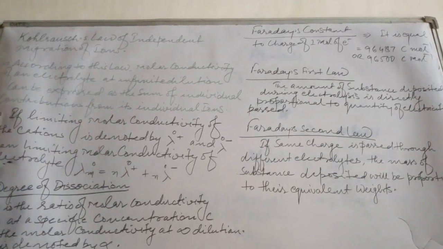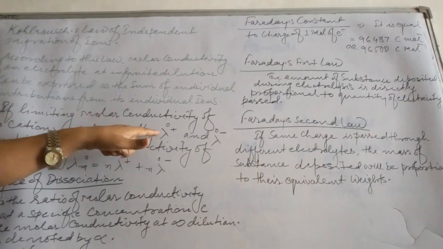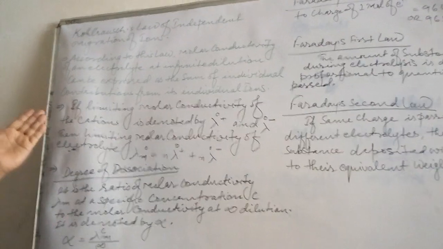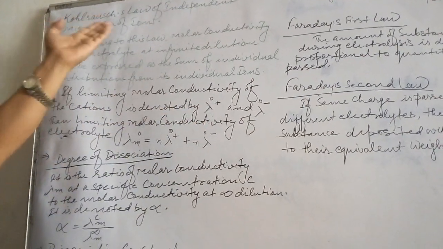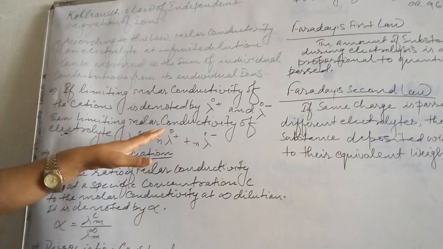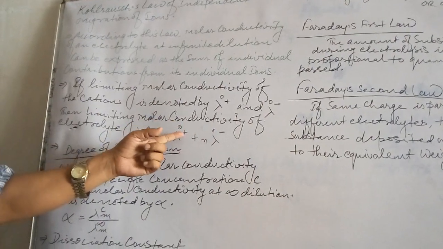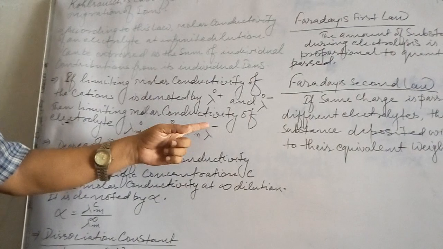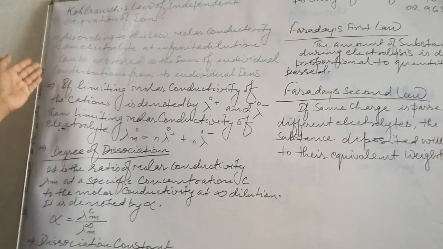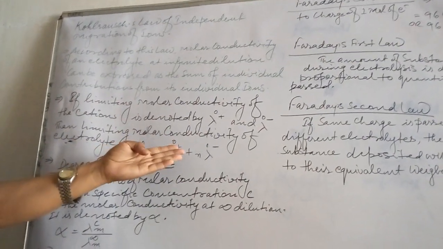Children, if the limiting molar conductivity of the cations is denoted by lambda naught positive and for anion lambda naught negative, then the limiting molar conductivity according to Kohlrausch's law for an electrolyte, lambda naught m, is equal to the sum of conductivities of cation and anion: n lambda naught cation plus n lambda naught anion, where lambda naught cation and lambda naught anion are the individual molar conductivities of cation and anion, and n is the number of cations and anions.